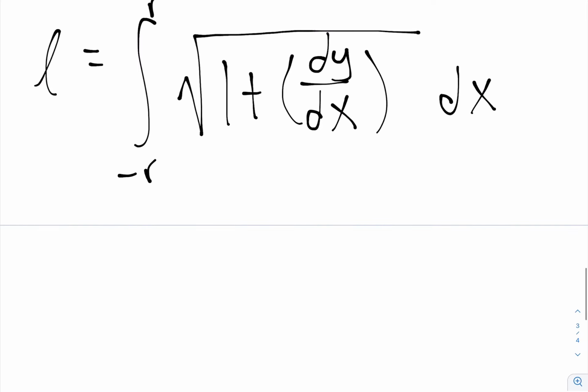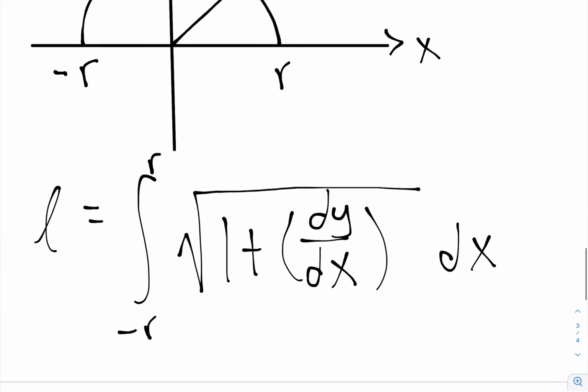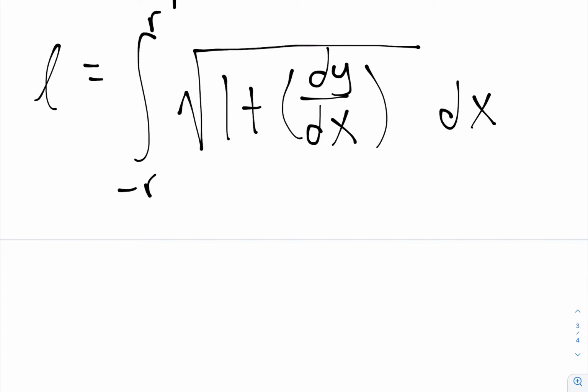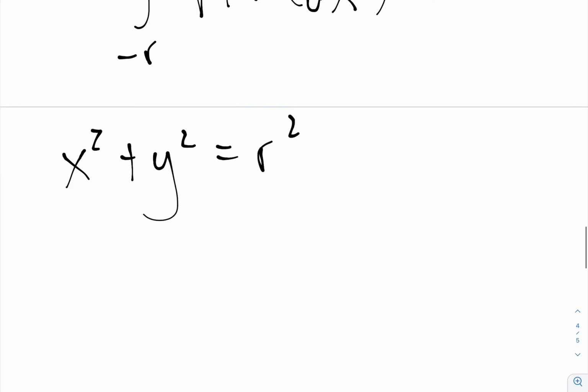So let's see here. What do we have to do? Well, we have to figure out what the derivative with respect to x is of our function y. So the equation for a circle is x squared plus y squared equals r squared, the radius of that circle squared.